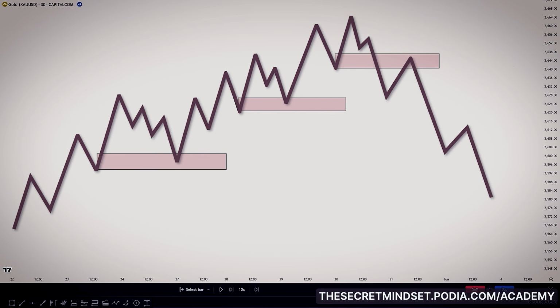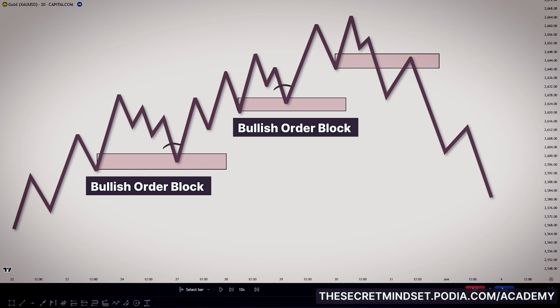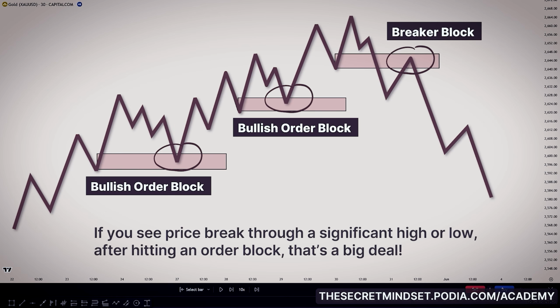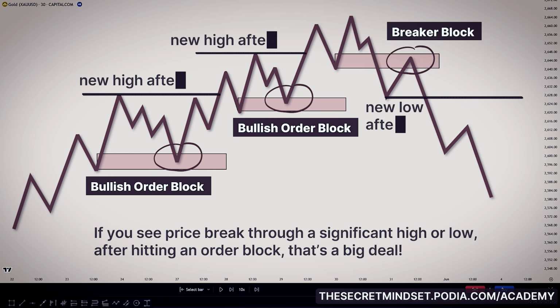If price respects the block and bounces, it could be a continuation of the current trend. But if it breaks through, especially with a strong move, watch out. That could be the start of a new trend. This is where those market structure breaks come in. If you see price break through a significant high or low after hitting an order block, that's a big deal. It's like the market is shouting at you that something's changing.